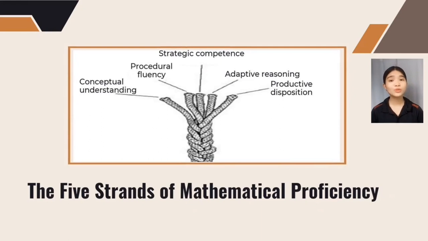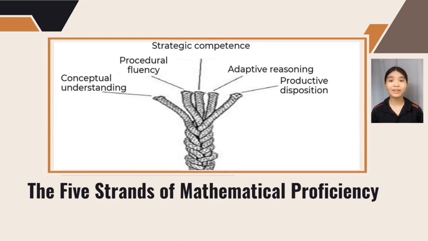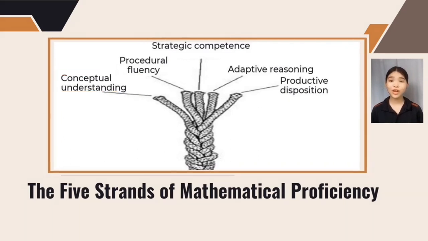Furthermore, as students use strategic competence to choose effective procedures in solving a problem, they develop procedural fluency. Aside from that, strategic competence also provides a context for developing conceptual understanding. Therefore, there is a mutually supportive relationship between strategic competence and both conceptual understanding and procedural fluency.